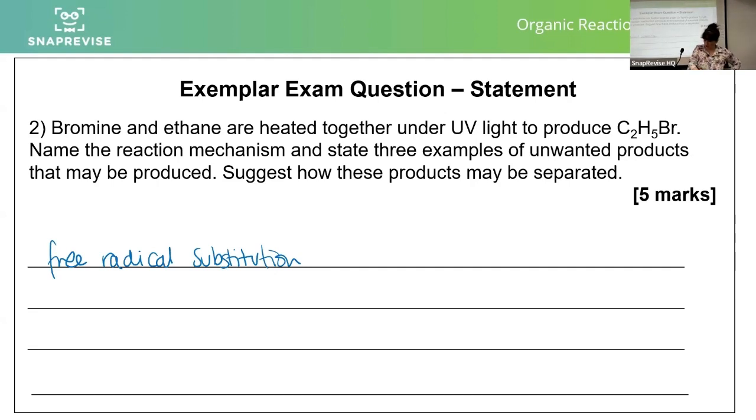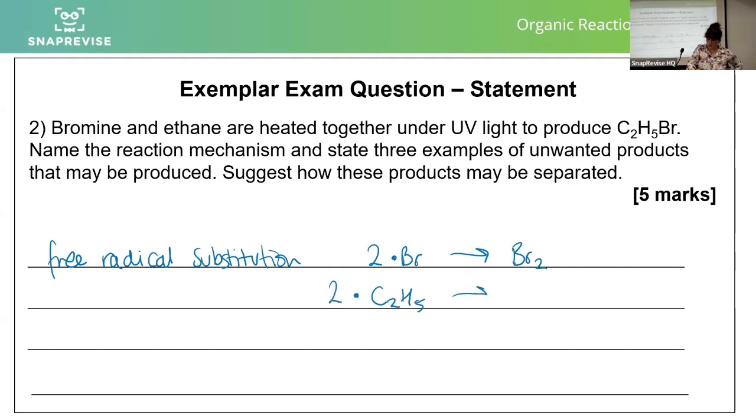The radicals that are going to be present are bromine radicals. So if 2 of those were to combine, we would end up with Br2. That's unwanted because we're trying to produce C2H5Br. So Br2 is going to be unwanted. What's the alkane radical that's going to form? Well, it's coming from ethane, C2H6, so it will be a C2H5 radical once we've removed one of the hydrogens.